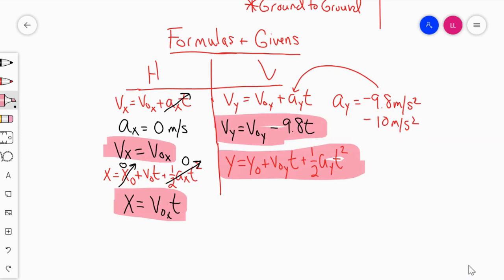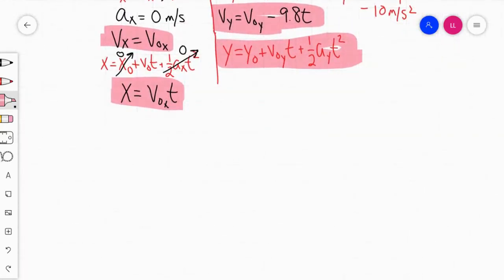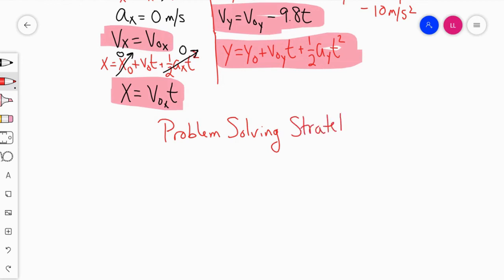Now, if we look at what is the strategy to solve these problems, really it's 3 steps, right? Really 3+, because that third step is going to have a bunch of steps depending on how many parts you have to solve. Okay. Step 1: resolve initial velocity into components.